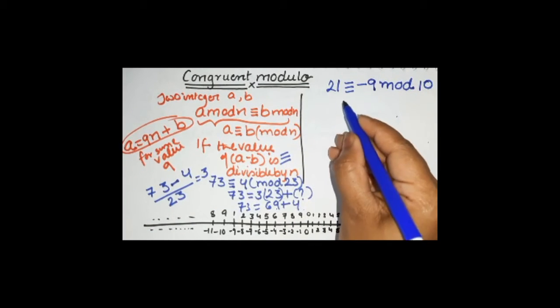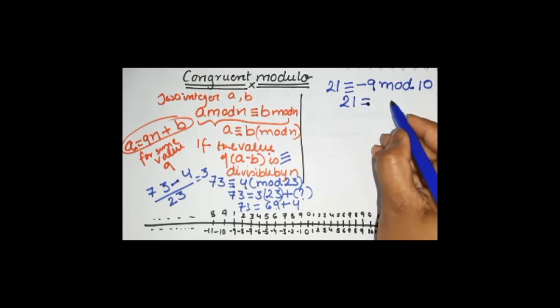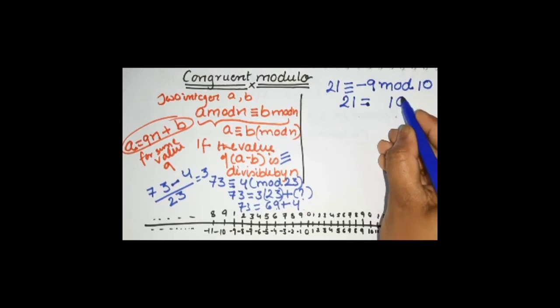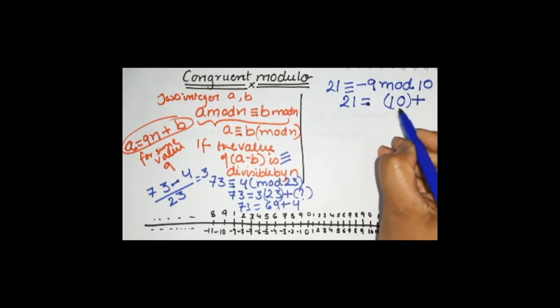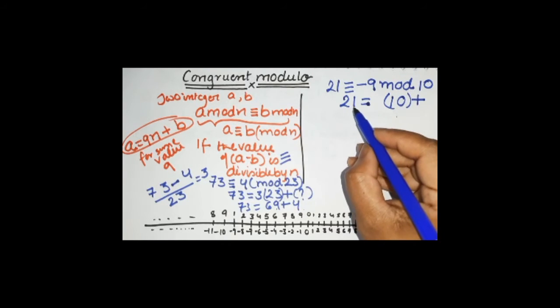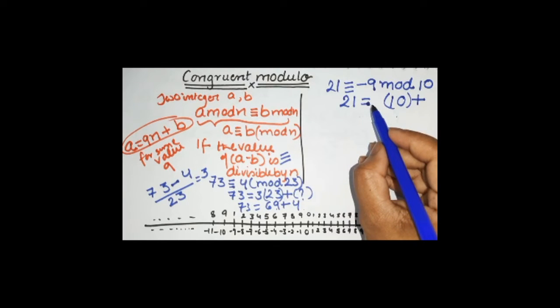What am I going to do here? A is my 21, n is my value 10, plus I know b should be there, and I should multiply 10 with some number to get a number lesser than 21.